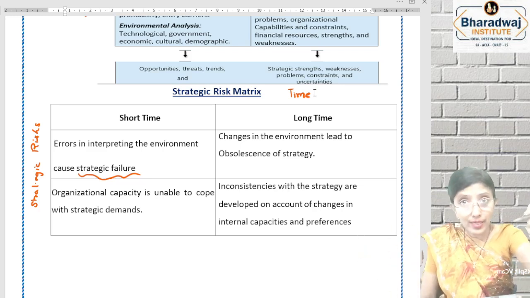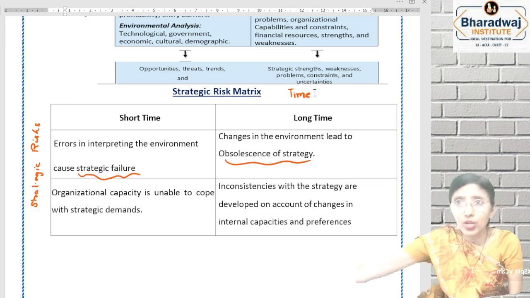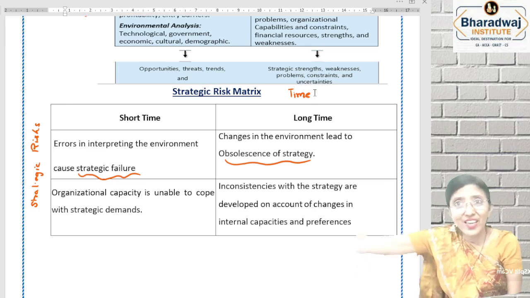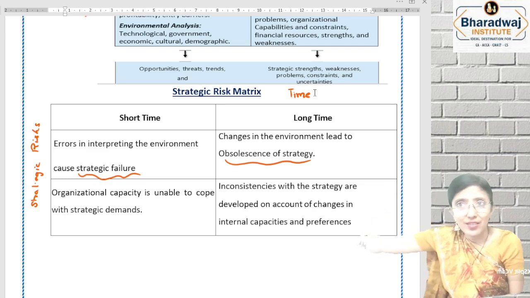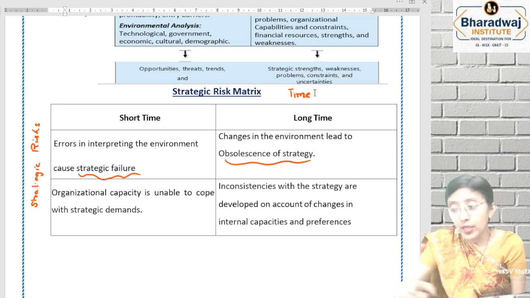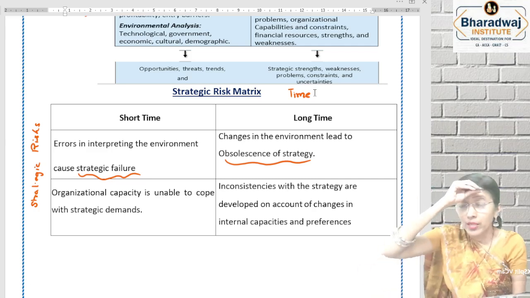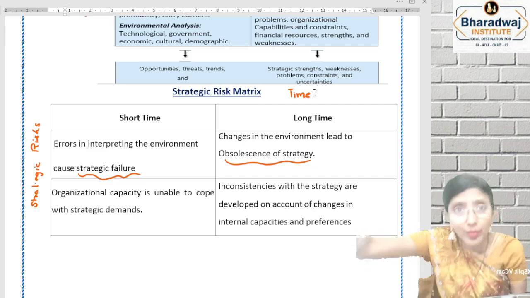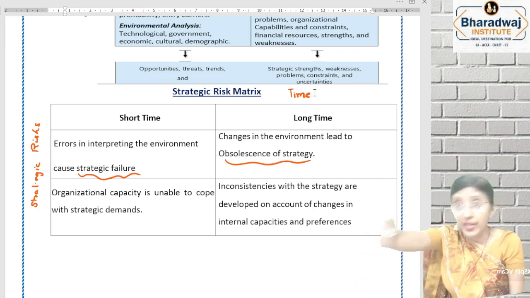But what happens in long time, obsolescence of your strategy itself: it is not required, redundant, stale, no meaning. Here at least it is only a failure, you can correct it. So if you don't assess your risk properly, the short-term threats are there, but long-term impacts are detrimental. You can no more rise. So long-term impacts are greater.